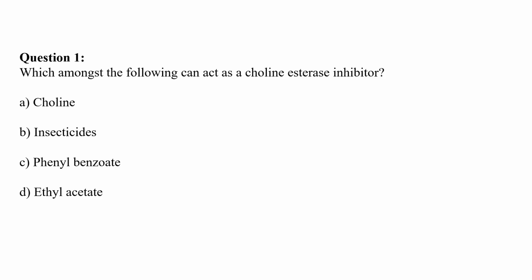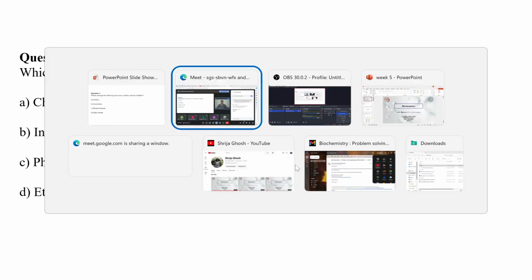So starting with the first question. Which amongst the following can act as choline esterase inhibitor? Option A choline, option B insecticides, option C phenyl benzoate, and option D ethyl acetate. Something that can inhibit the enzyme choline esterase. Anybody knows the answer?